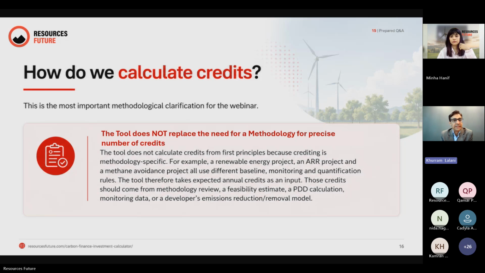But this is not a detailed ER calculation. This is very preliminary. I think the best way to think about it is that you want to be 80 to 90% right. So if you're 80 to 90% right that this is your project, it is going to result in this much of emissions reductions, then you are heading in the right direction. You can model your carbon revenues alongside it. Next slide.